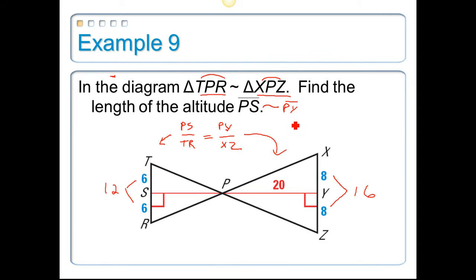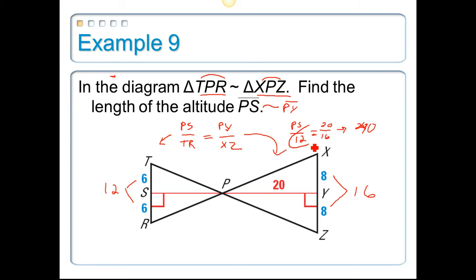So what we get is PS, we don't know. We know TR is 12, and we know PY is 20, and we know X to Z is 16. So we need to cross multiply, and so you're going to get 240.